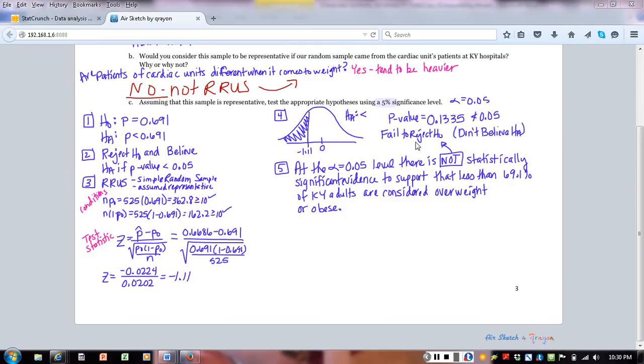So again, the pieces to that: alpha, whether or not it's significant, alternative hypothesis.